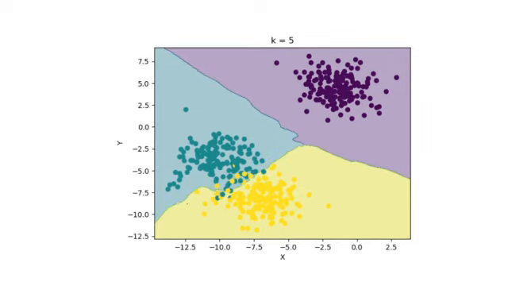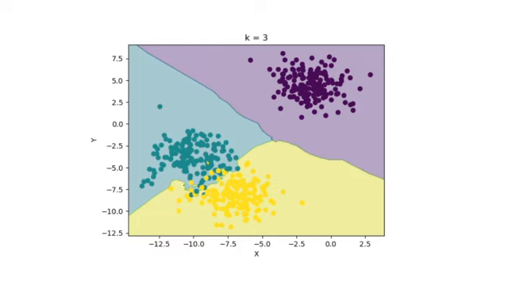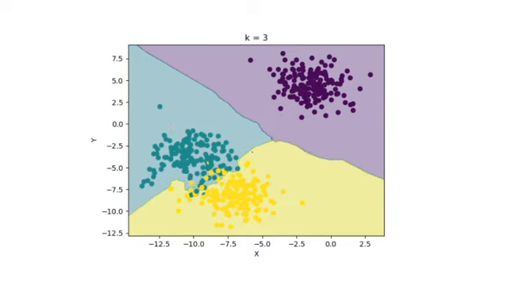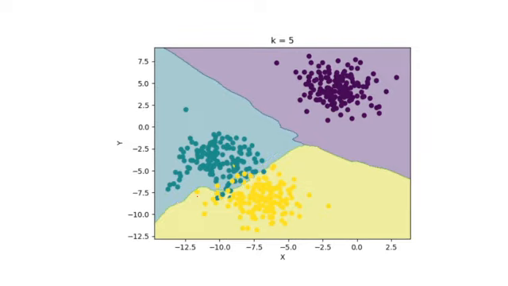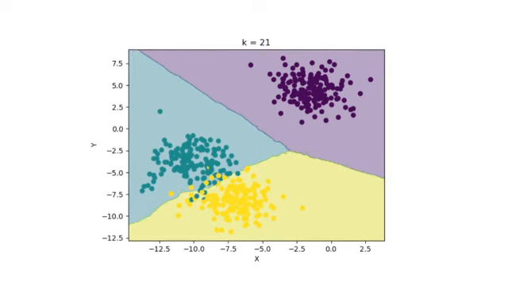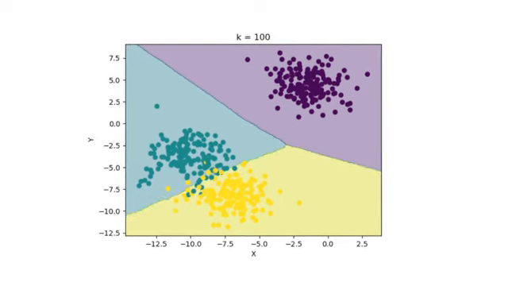When k equals 5, again, the yellow is like this. As you can see here, it's a very rugged, random, complicated line. But this complication is a bit less here, and as I increase the value of k, this line is getting straighter and straighter.